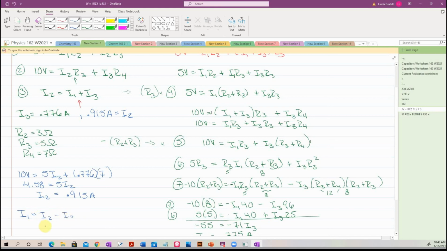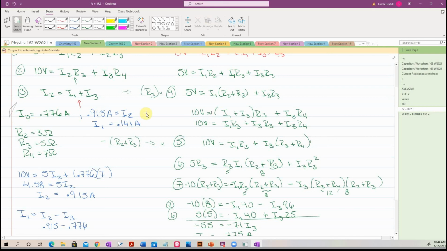So this is I2, 0.915, minus I3, 0.776. And I get that I1 is 0.141. I have solved the circuit.